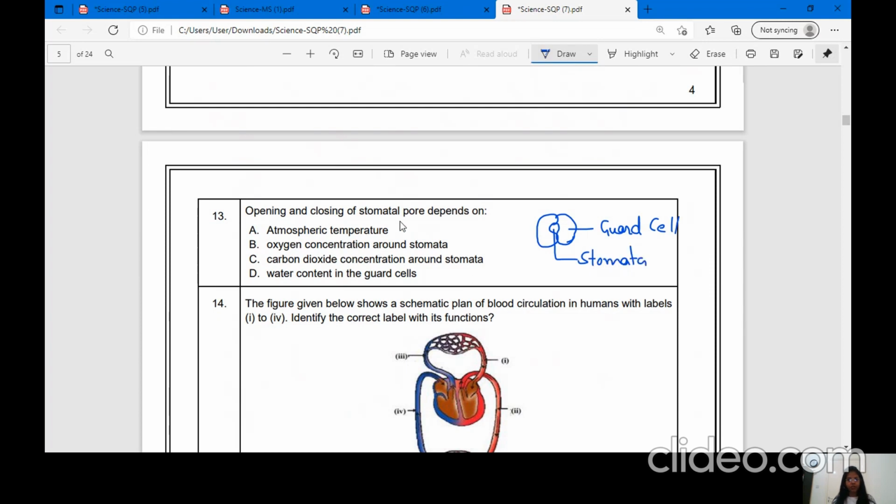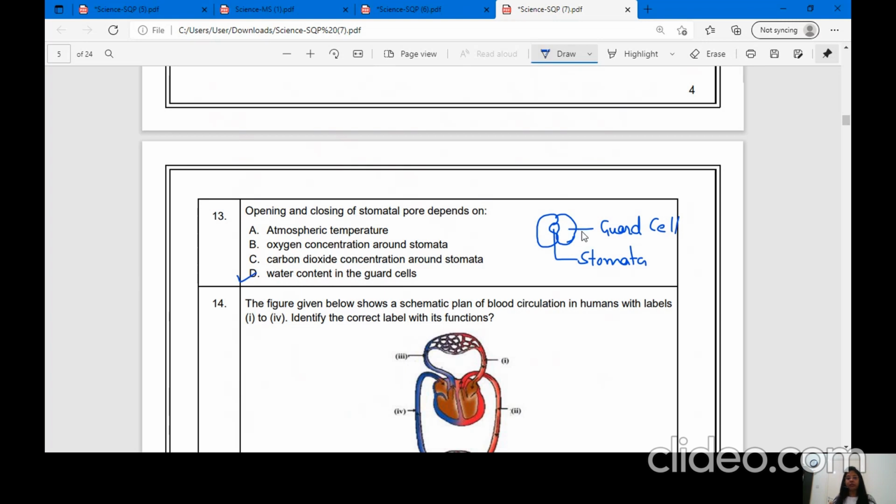Okay. Opening and closing of the stomatal pore depends upon atmospheric temperature, oxygen concentration around stomata, carbon dioxide concentration around stomata, and water content in the guard cell. I think water content in the guard cell is the right answer.